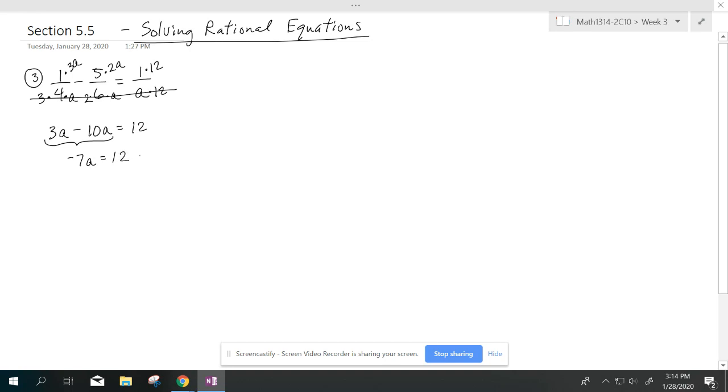Yep, I'm going to combine my like terms and then divide both sides. And I don't think that's going to divide nicely, so we're going to leave it fractioned up. And that's how that works.